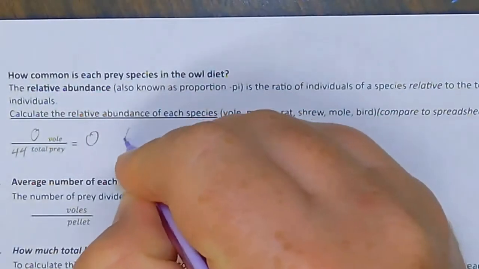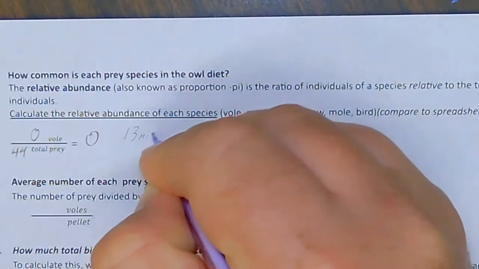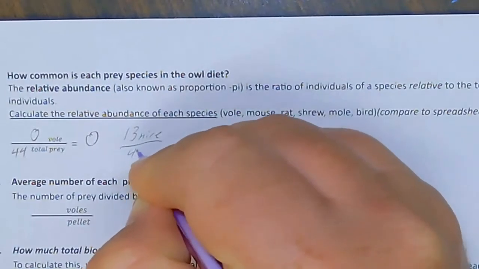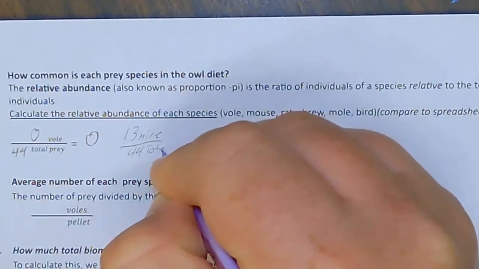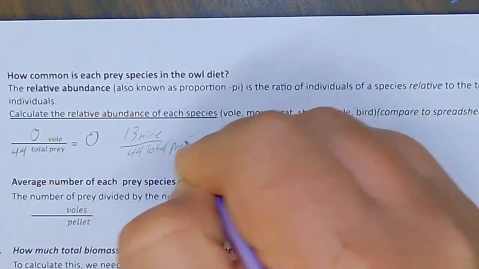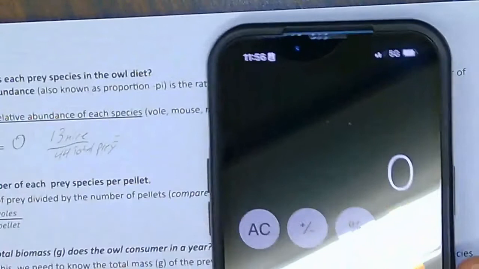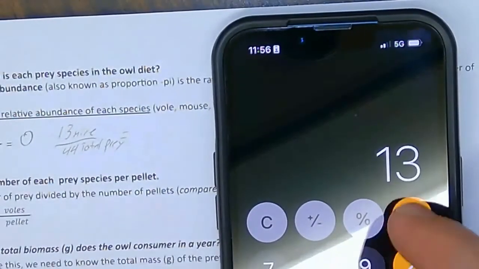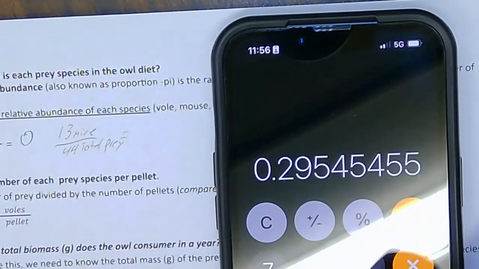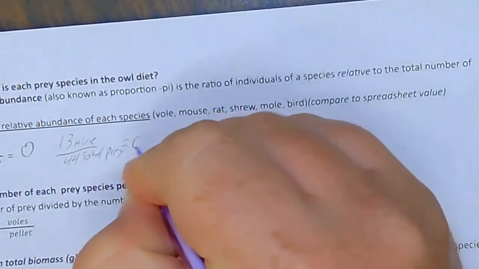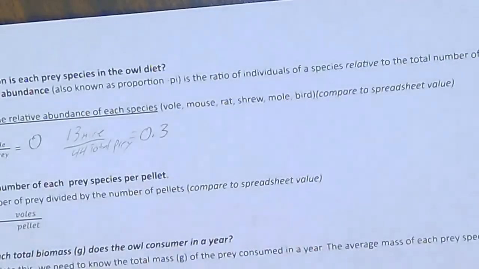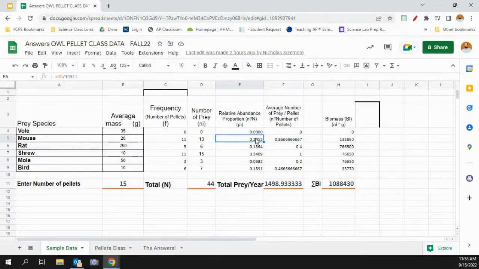So we would set this up again, 13 mice per 44 total prey. And we would divide 13 divided by 44. We get 0.295, and we'll round that up to 0.3. And as you can see here, that's the same number from the spreadsheet.